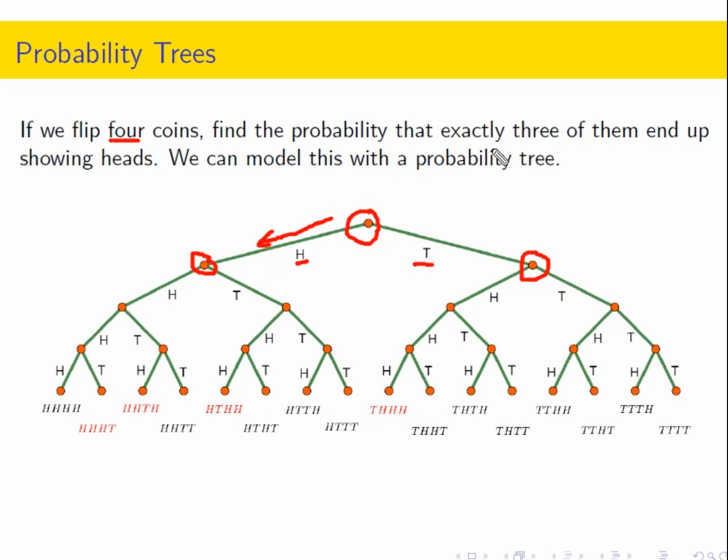To answer the question about what's the probability that exactly 3 heads occur, we traverse all of the paths to where there are 3 heads. So 1 heads, 2 heads, 3 heads, then we've got to switch over to tails. That's why these are marked in red, because this path leads to 3 heads. If I have 2 heads to start and then a tail, then I need to go down the heads path to get heads, heads, tails, heads.